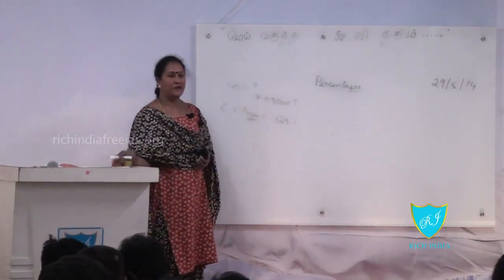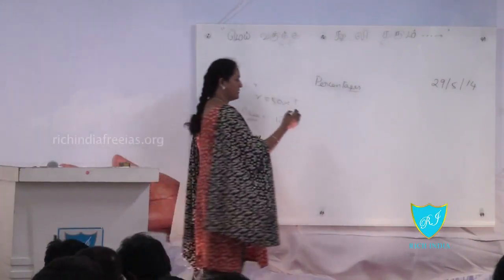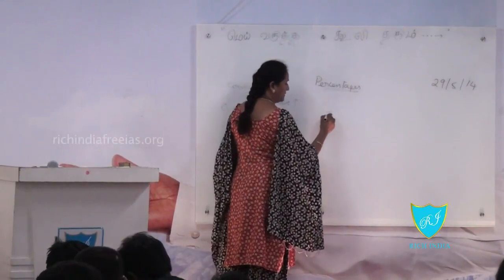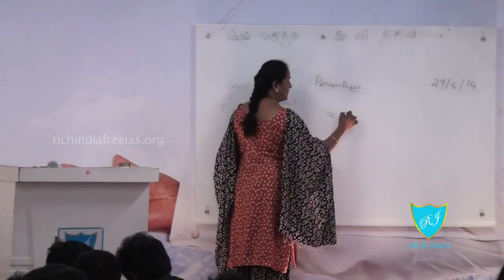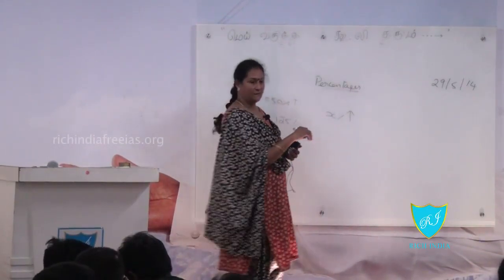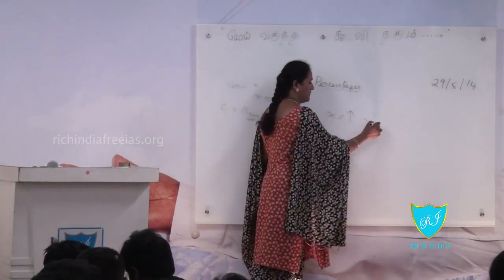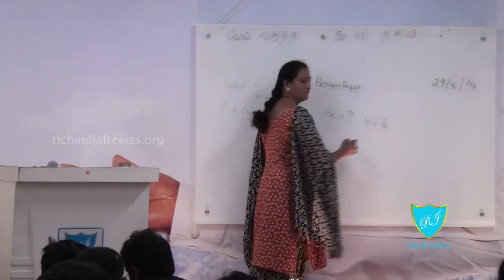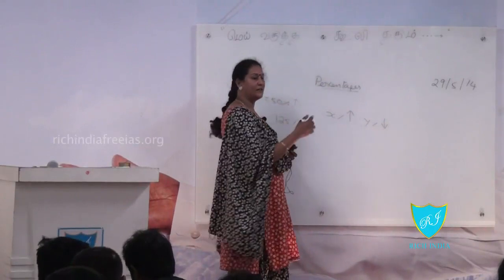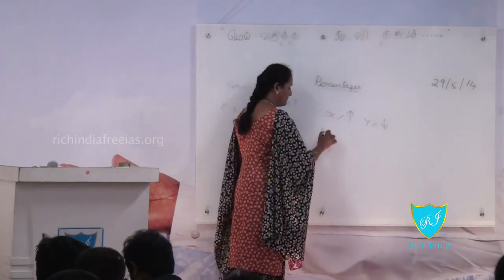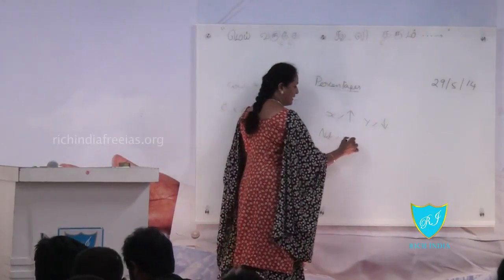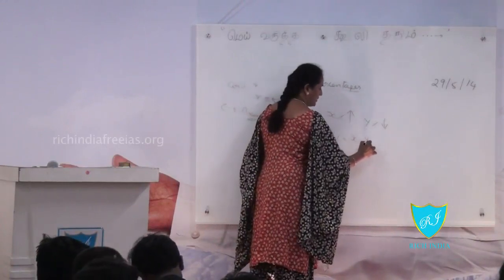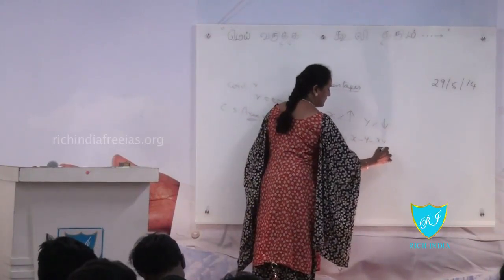So when both the values are increased, the single increase is got by x plus y plus xy by 100. Suppose it is increased by x% and then decreased by y%. Then what will be the net increase or decrease? It is x minus y minus xy by 100.